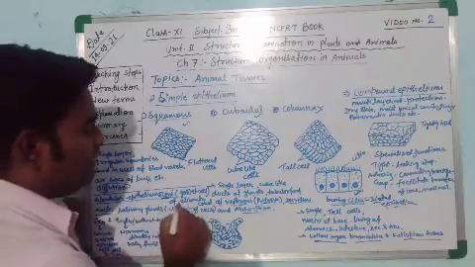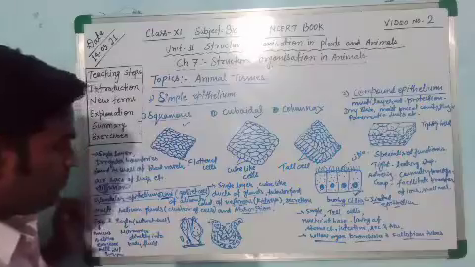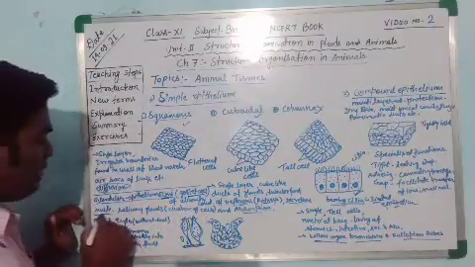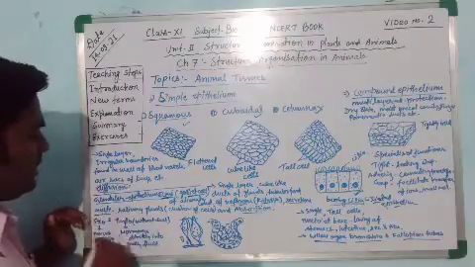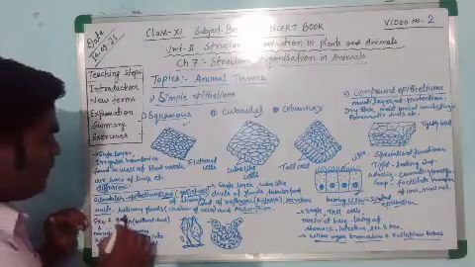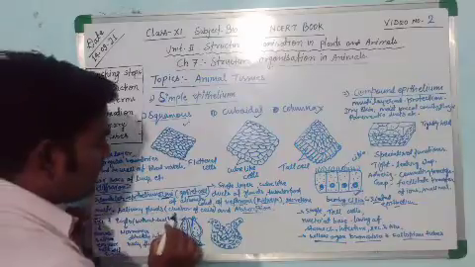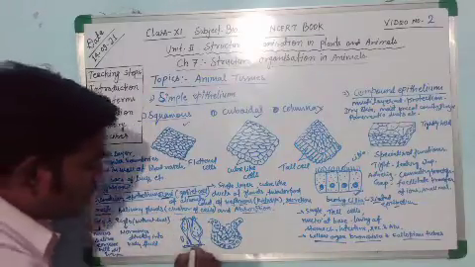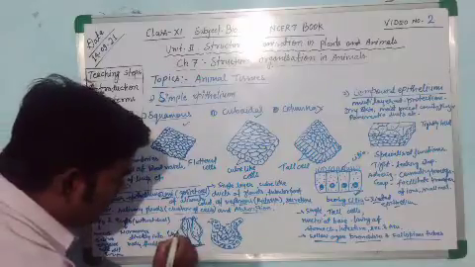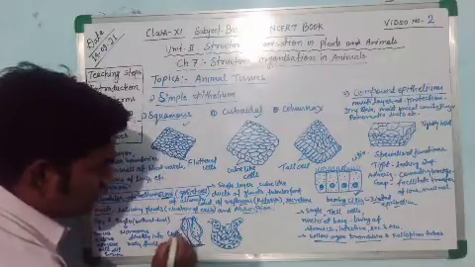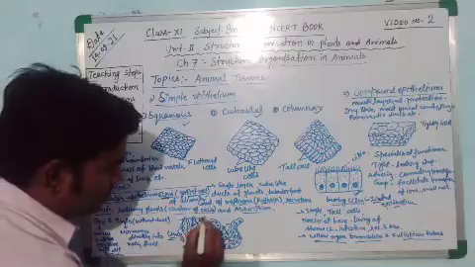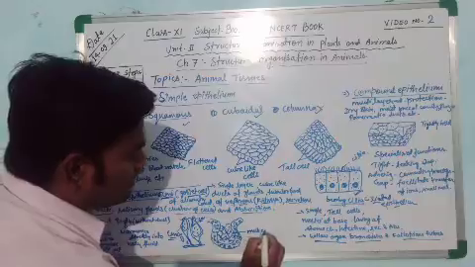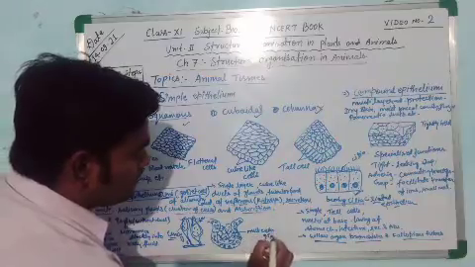Unicellular glands have the example of goblet cells of the alimentary canal, while the multicellular glands have the example of salivary glands, which are clusters of cells. This is the structure of unicellular glands. This is also a unicellular gland, and this is the structure of multicellular glands.